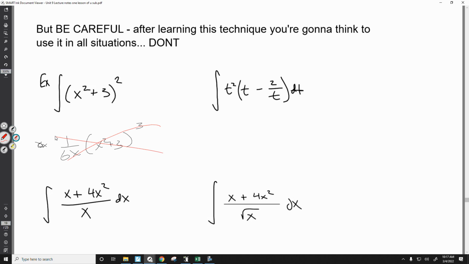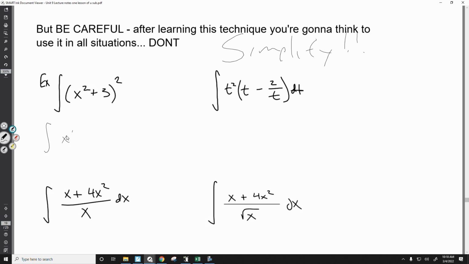Why? Because if you had to take the derivative of this, you'd use the product rule, not the chain rule. This is not something that actually comes from the derivative of a chain. In fact, to take the antiderivative of this, you need to simplify.